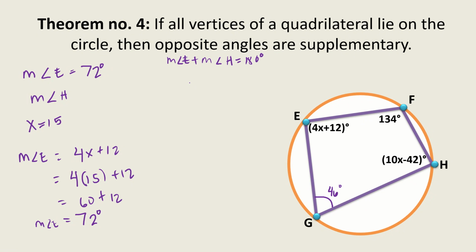So, di ba magiging angle E is 72 degrees plus the measure of angle H equals 180 degrees. So, malilipat sa kabila. So, magiging 180 minus 72. So, the measure of angle H is 108 degrees.